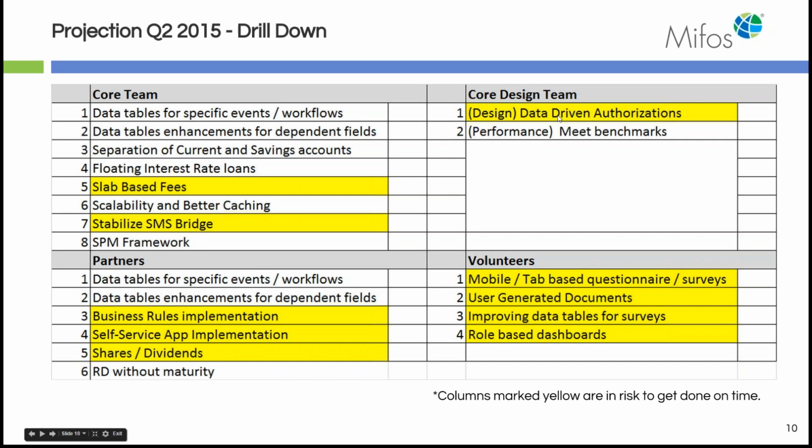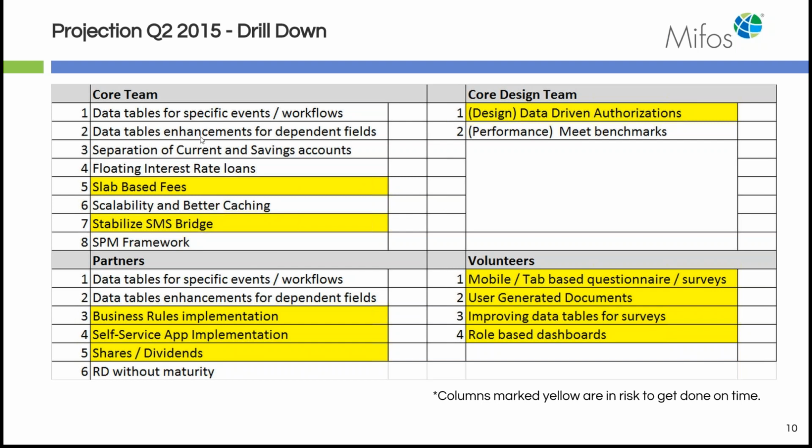The core design team, which is mostly specification, will first try to find a way to design data-driven authorizations, but as you can see, it's also yellow, and also give some specifications on how to meet benchmarks. We're looking for partners to help out with data tables for specific events and workflows. So as you can see, we're doing a lot in the area of data tables.